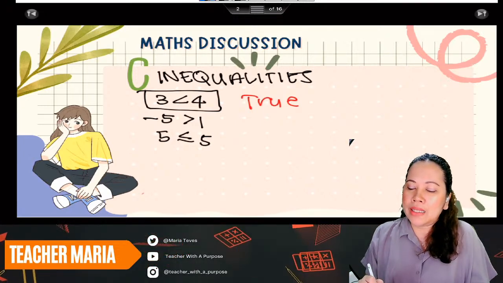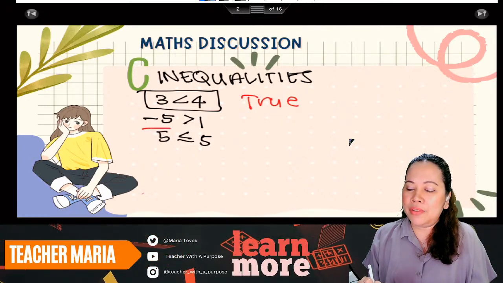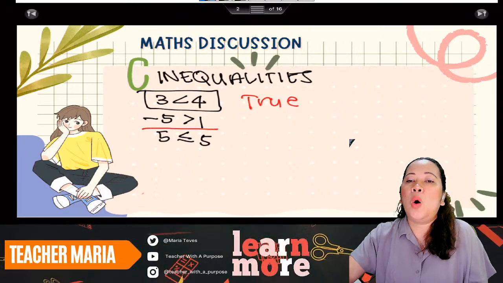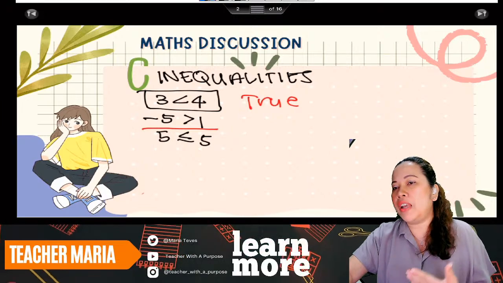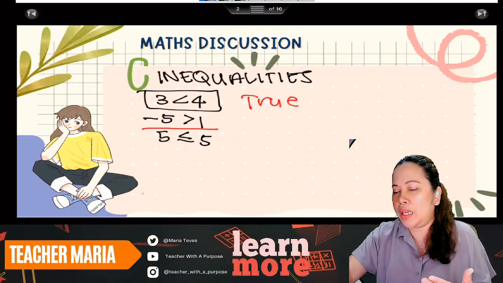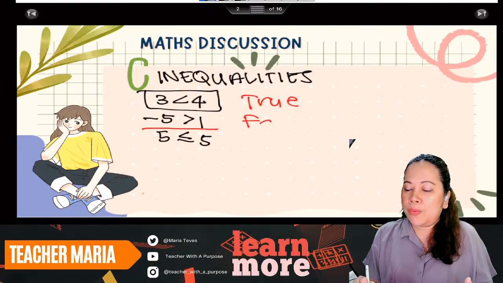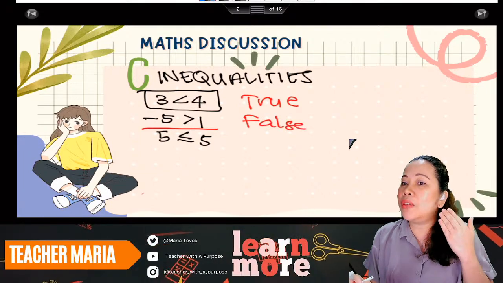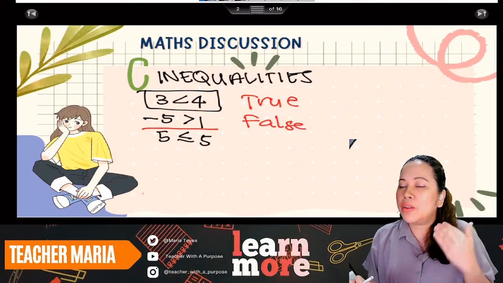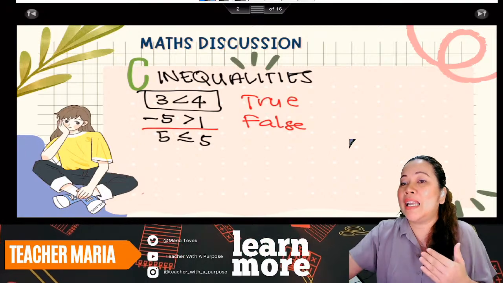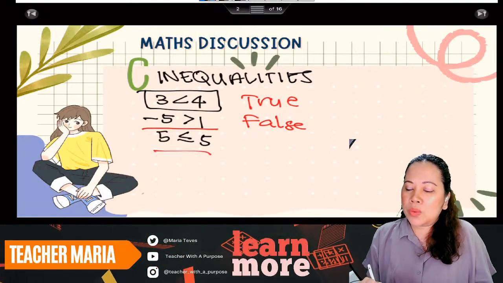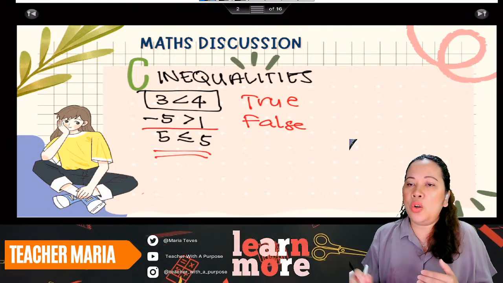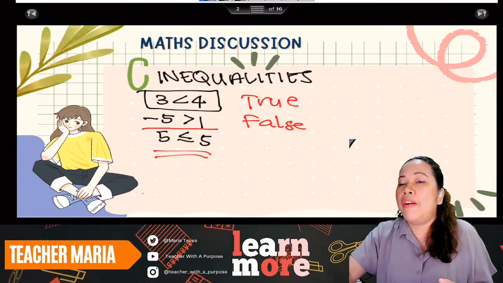The second one, we have -5 greater than 1. In words, we say -5 is greater than 1. This is false. -5 is not greater than 1. It is less than 1. The next one, we have 5 less than or equal to 5.